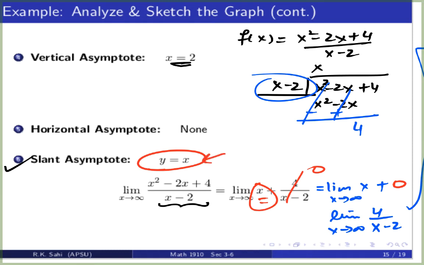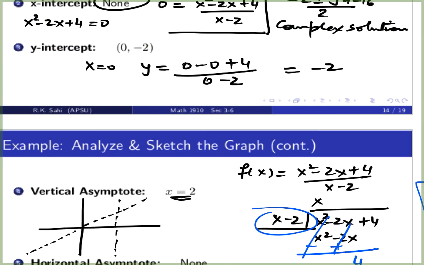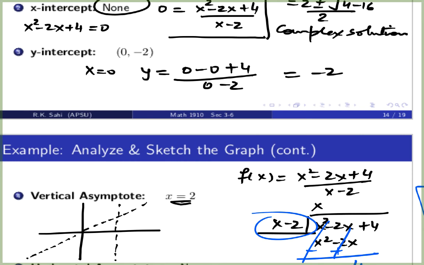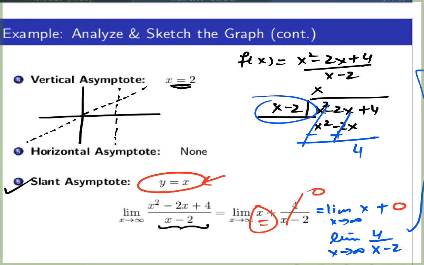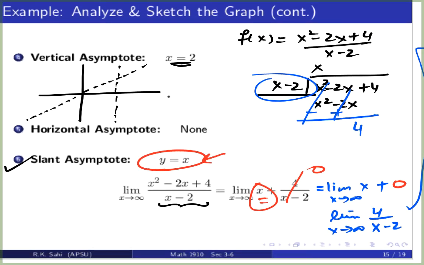Okay, so we have done a lot of things. Let's draw a little graph over here to get an idea what's going on. We know at x equal to 2, it is a vertical asymptote. Also, we have a slant asymptote at y equals x, which is given like this. Y equals x is a line passing through the origin at a 45-degree angle. And if you also remember, there is only the y-intercept 0 and -2 and nothing else, no x-intercepts. So that means the graph is never crossing the x-axis.